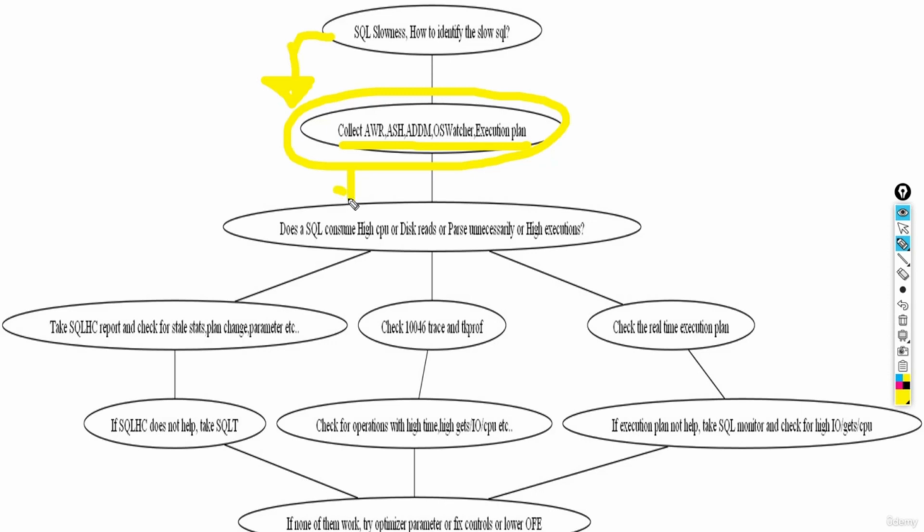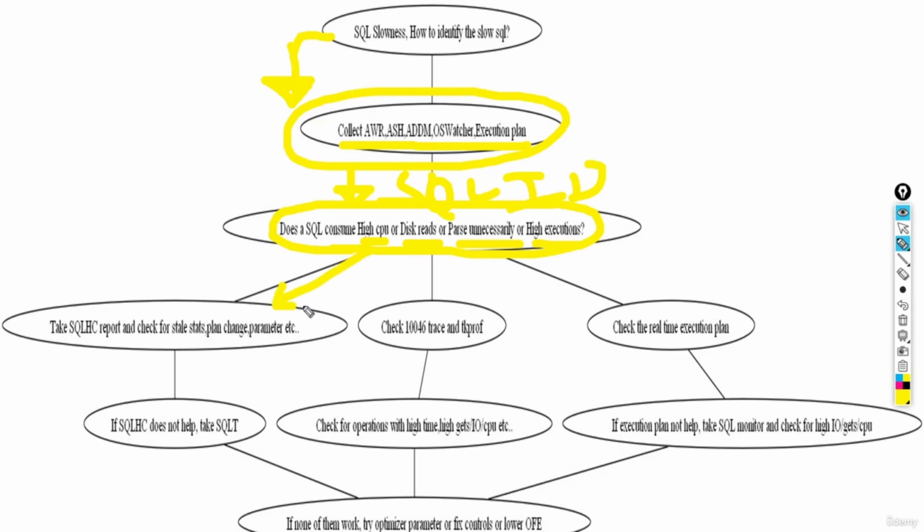Once you identify the problematic SQL ID, with that SQL ID you can get the SQL HC report. So these things need to be considered. Once you identify the problematic SQL, whether it is consuming high CPU or disk reads, whether it is parsing unnecessarily, whether high executions are there, all these factors need to be considered.